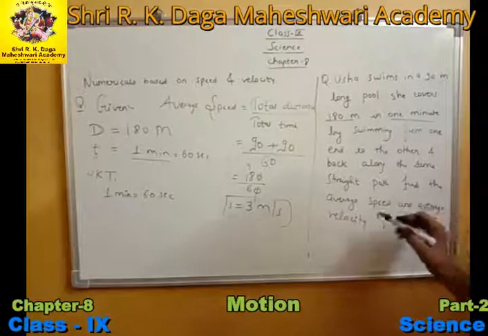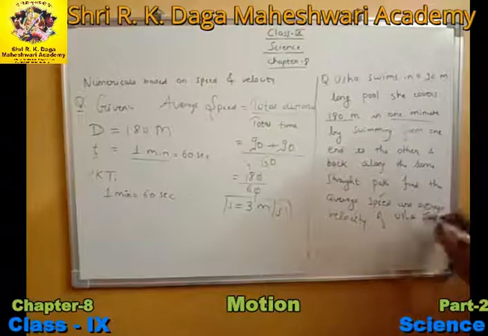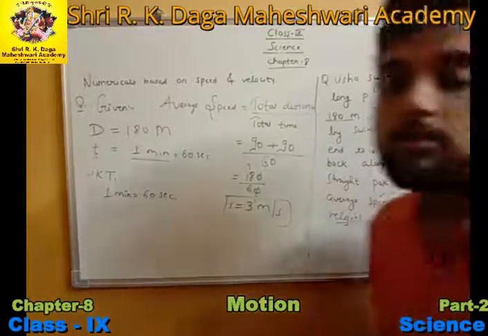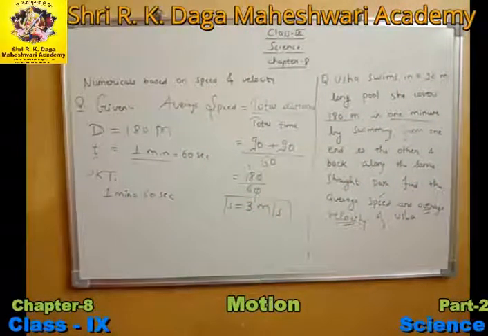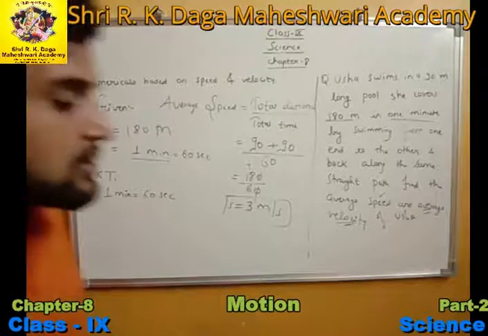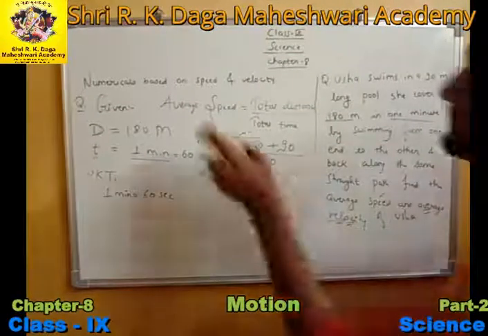So we have calculated the average speed. And now what do we have to calculate? We have to calculate her average velocity as well. So what will be the average velocity of Usha?